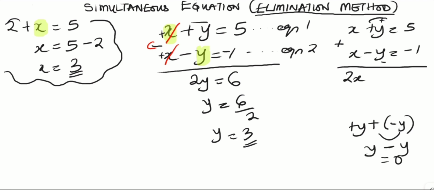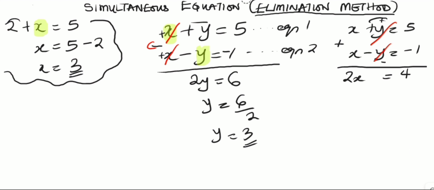So that's how y cancels out, and then this is equal to 5 plus minus 1, plus minus is minus, 5 minus 1 is equal to 4, and then 2x is equal to 4. So if we have 2x equal to 4, that means x is equal to 4 divided by 2, and x will be equal to 2.